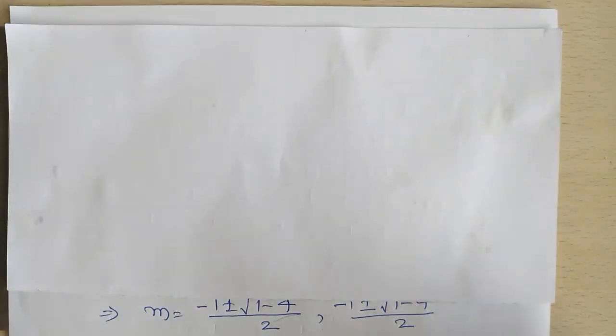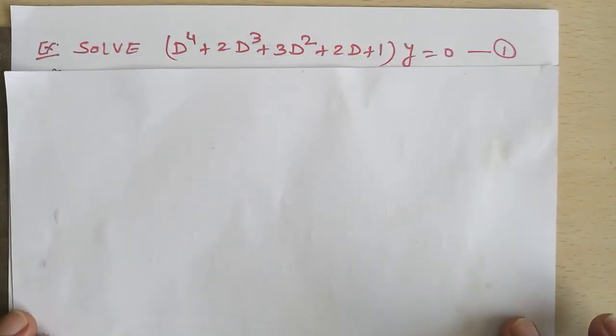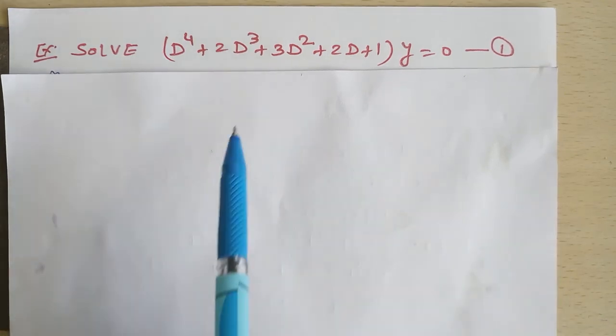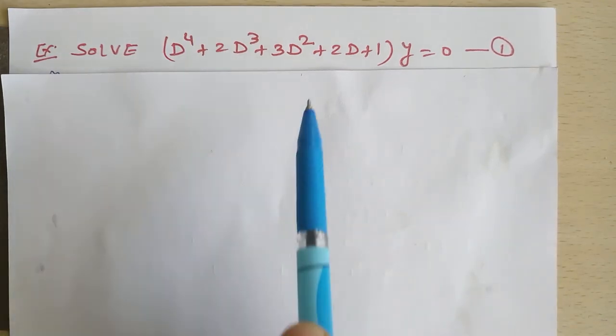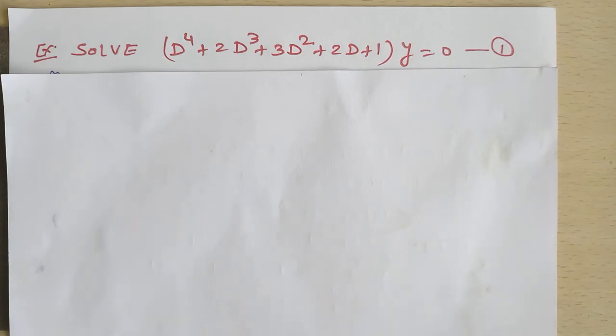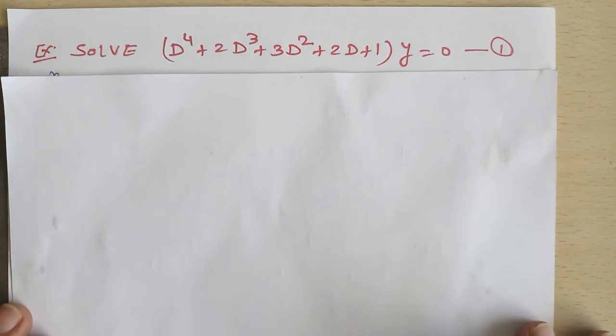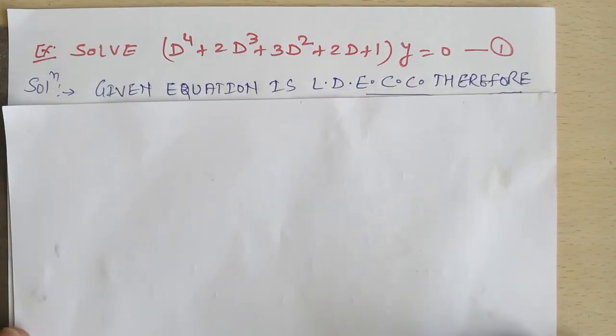Now the last example is: solve D power 4 plus 2D cube plus 3D square plus 2D plus 1 y equal to 0. This equation is clearly written in the form of the differential operator capital D, and therefore this is an LDCC.